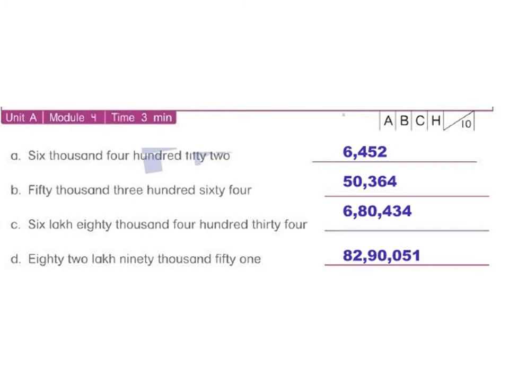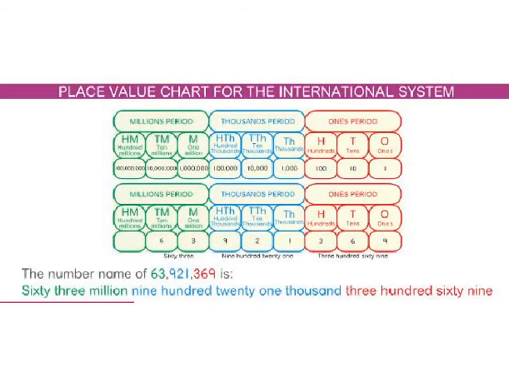Let us go to the next section. So, now a quick revision of the international system. In the international system, counting from the right hand side, after every 3 digits there will be a period.